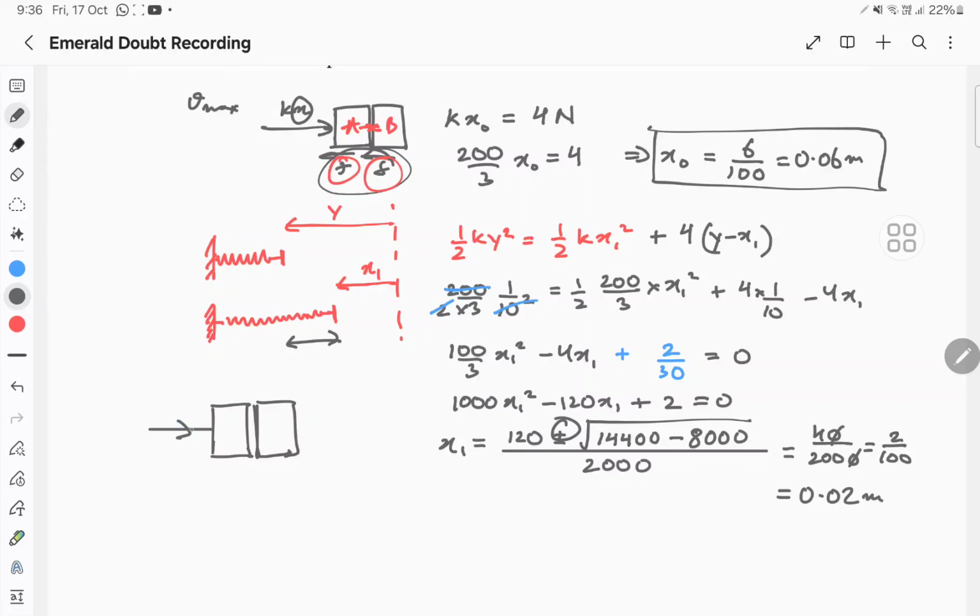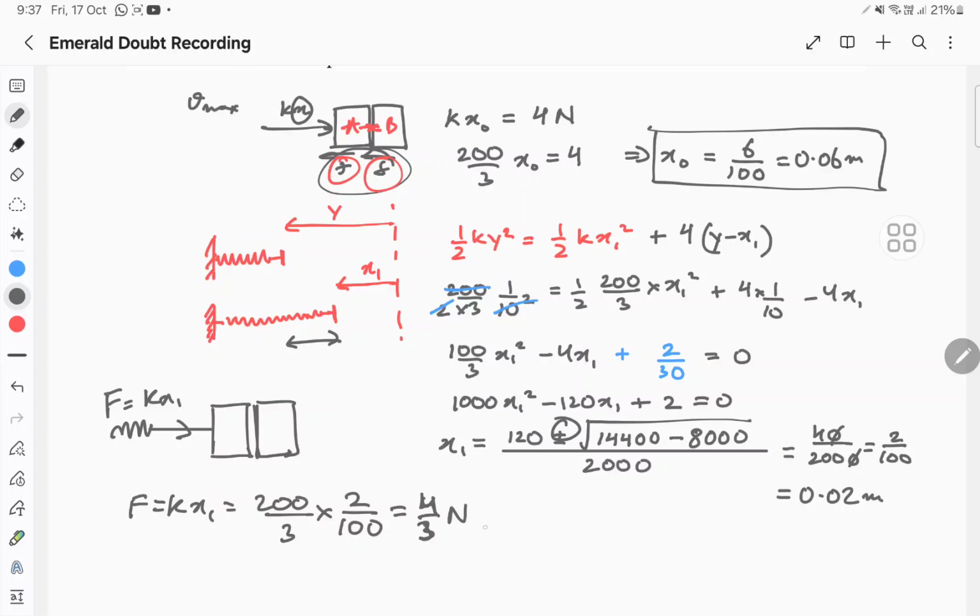So there is a push from the spring. This is the spring. How much is the push? Kx1 is the push. So F is equal to Kx1, which is 200 by 3 into x1, which is 2 by 100. So that's a 4 by 3 Newton push, which is obviously below the 4 Newton which the bodies together were able to give as friction.